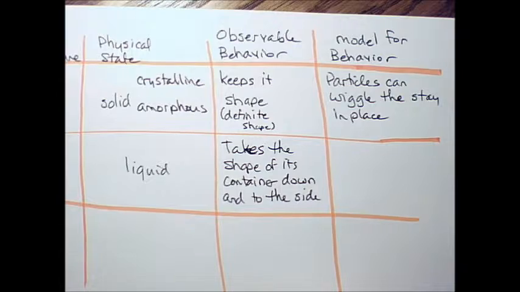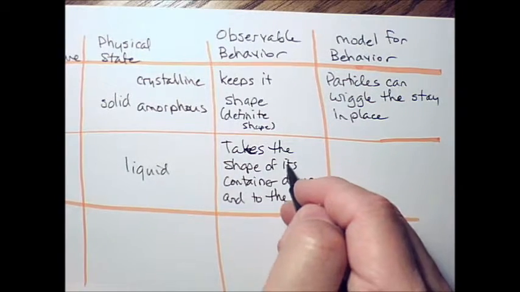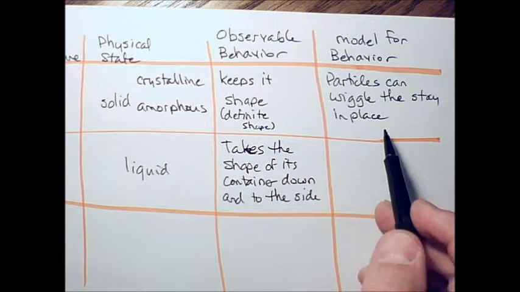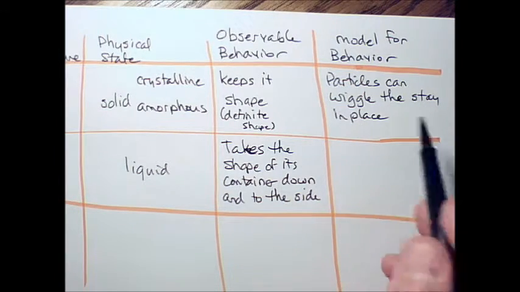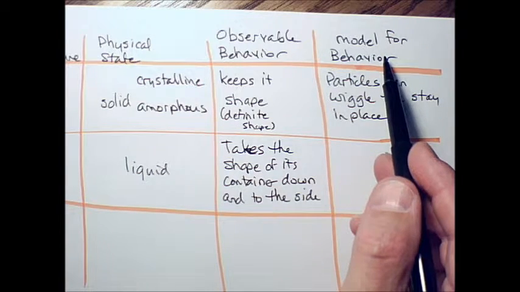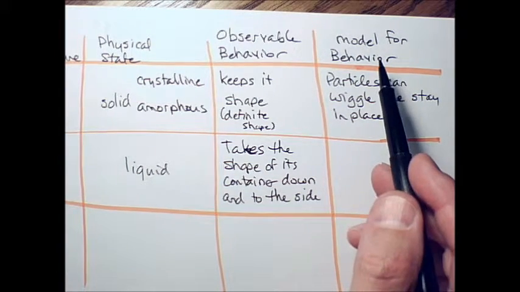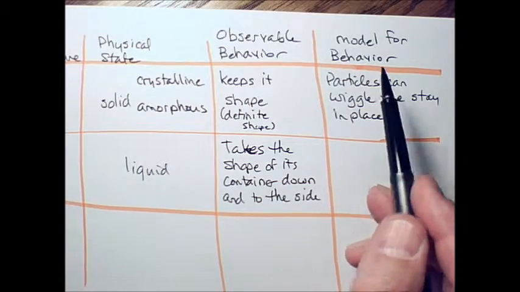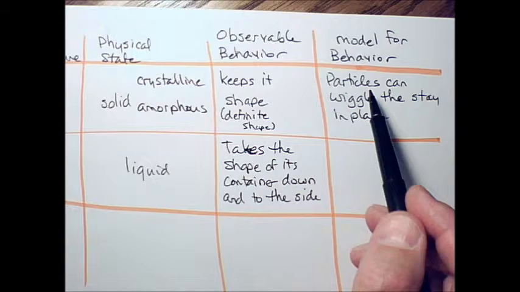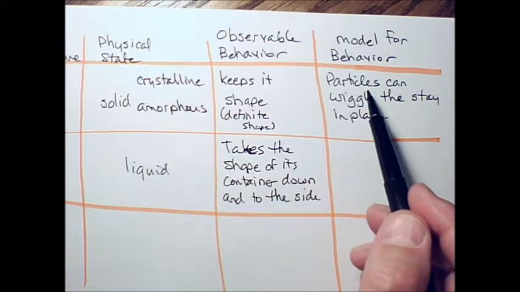So what is the physical behavior of the particles then? This is all about structural particles. When we talk about models in the sciences, we're almost always talking about atoms, molecules, ions, electrons, and the atoms, ions, or molecules are the structural particles.